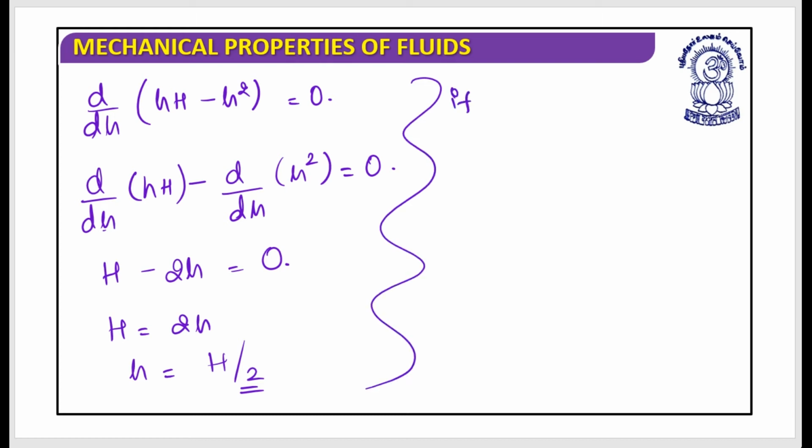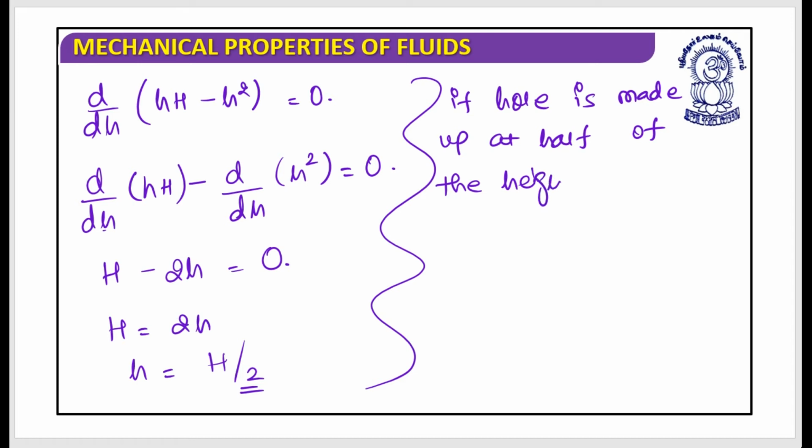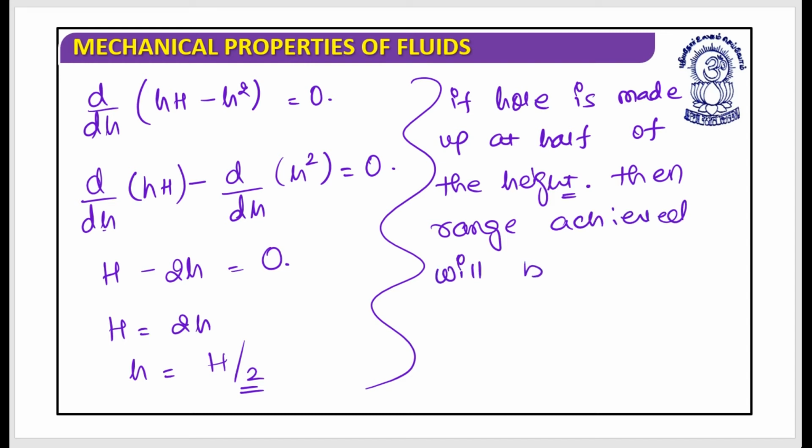So if the hole is made at half of the height, that means at half of the liquid which has been filled, then the range achieved will be maximum.